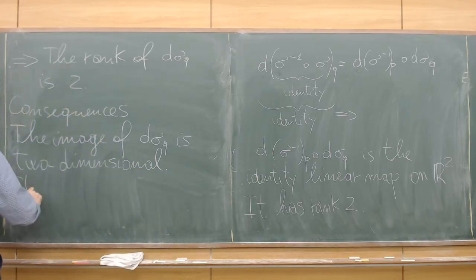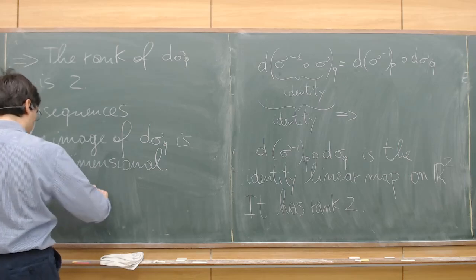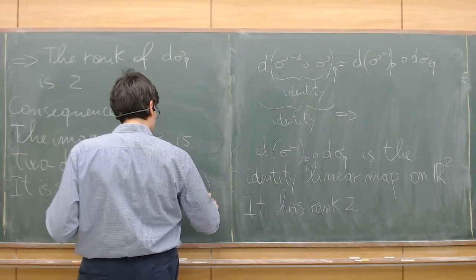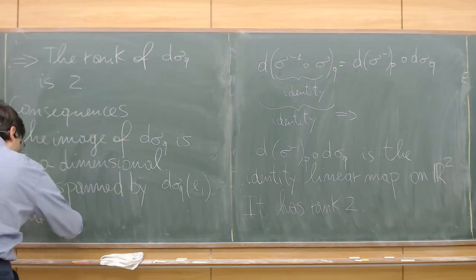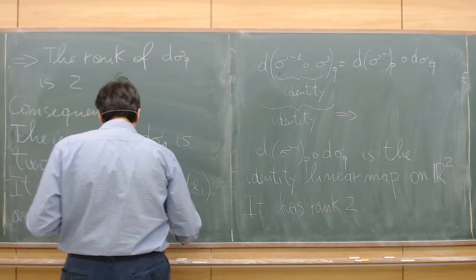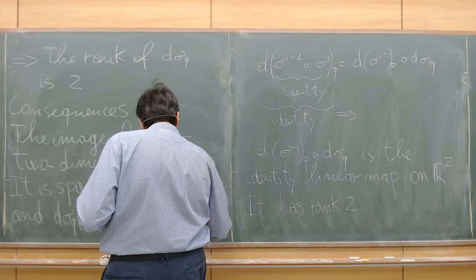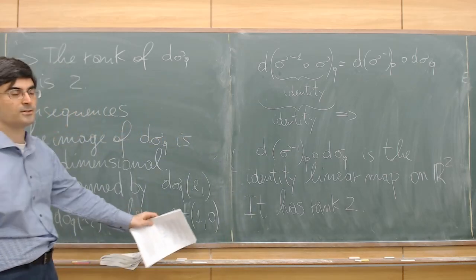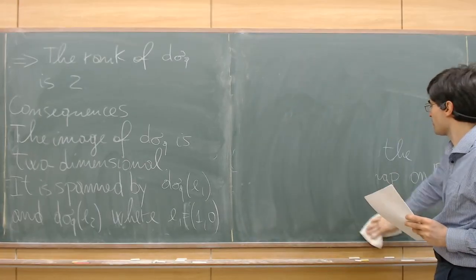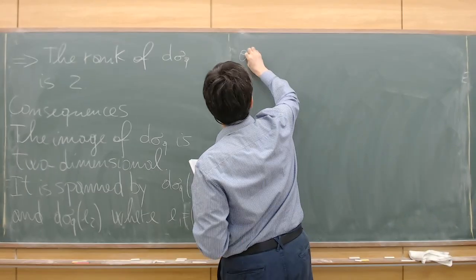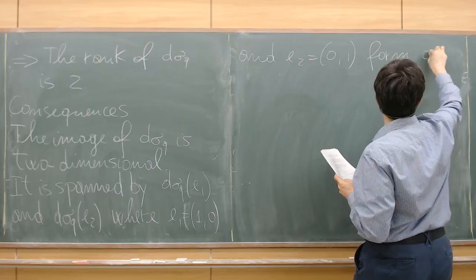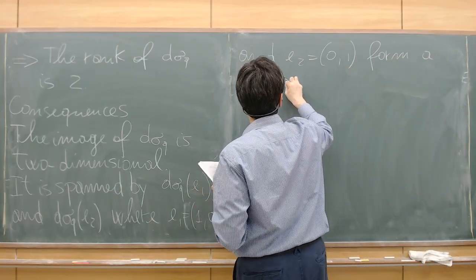It is spanned by d sigma q e1 and d sigma q e2, where e1, a vector of components 1, 0, and e2 equals 0, 1, form an orthonormal basis of R2.